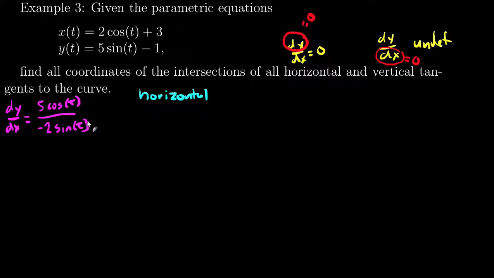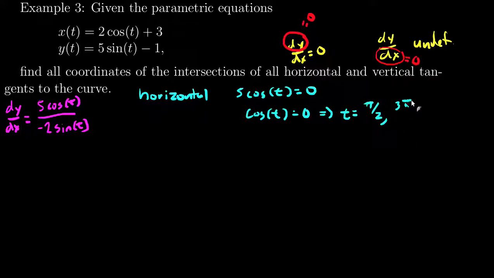That will make this quotient 0, so long as I don't have 0 over 0. So 5 cosine t equals 0 means that cosine t is equal to 0. That happens at t equals pi over 2 and 3 pi over 2. Because both of these are periodic with a period of 2 pi, I've gotten every t from 0 to 2 pi. I've covered everything.